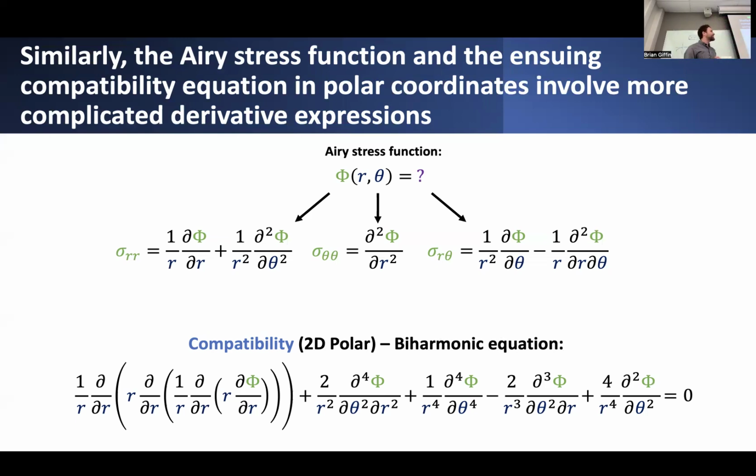And you can spend a lot of time basically just guessing and checking different iterations on what you think the Airy stress function should be, figuring out then what are these resulting values of stress, plugging it into the compatibility equation, trying to verify that it satisfies compatibility while also enforcing all your boundary conditions, and it's just a mess. It's a lot of just trial and error, and people have spent a lot of time trying to figure these things out.